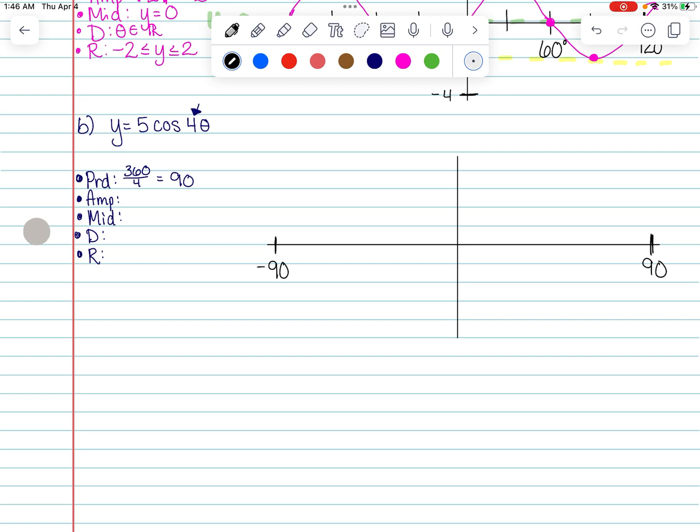Far right goes 90, far left goes negative 90. Divide into 4 parts. Half of 90 is 45, so that's 45. And that's negative 45, and I don't want to forget my degree symbols.